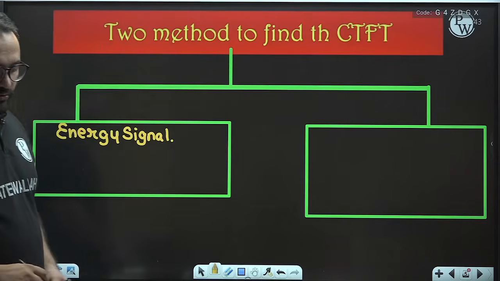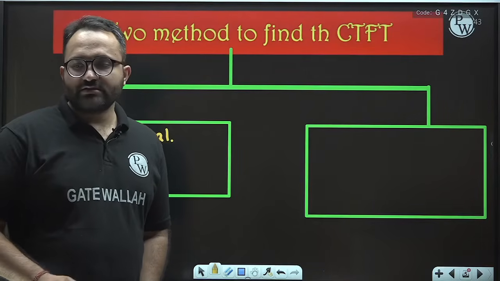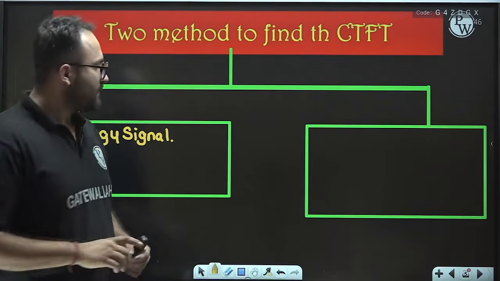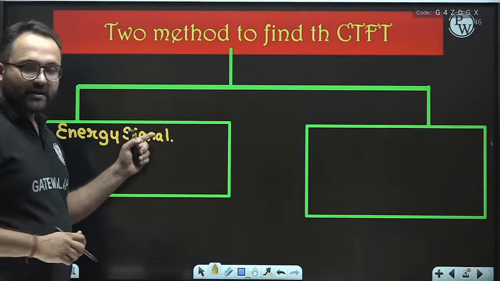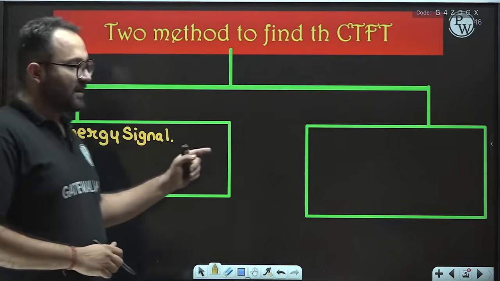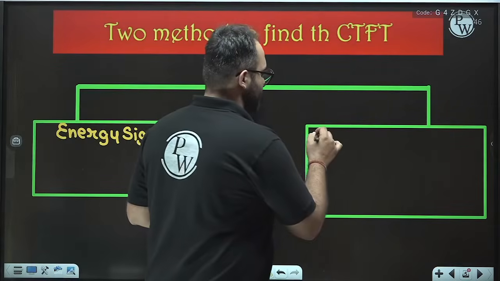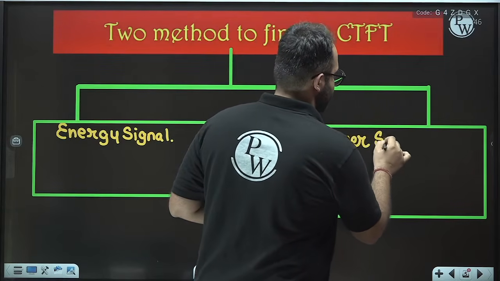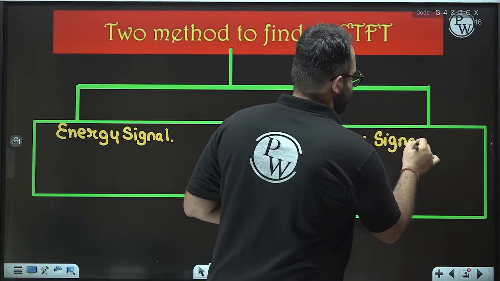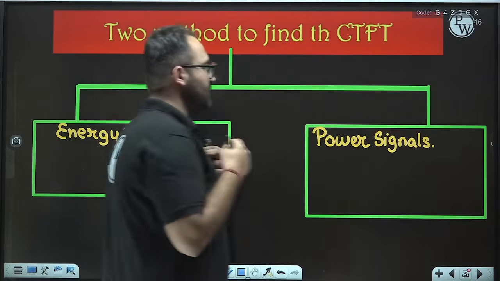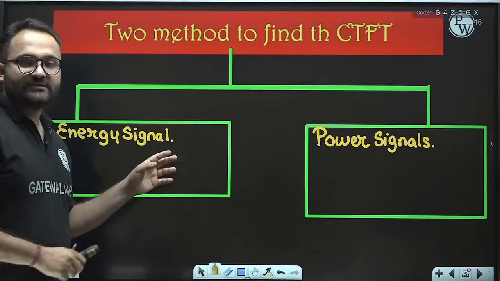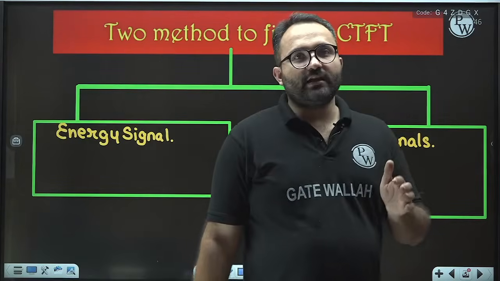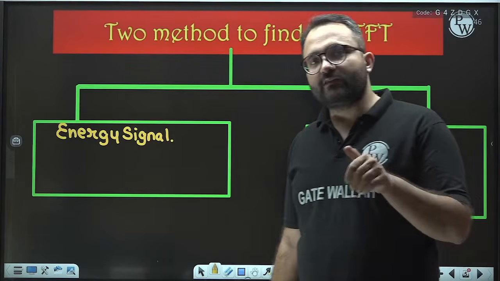So remember this, that the Fourier transform can be found only for energy signals and power signals. So we have two cases. One case is energy signals, another case is the power signals. For energy signals, we don't need to actually apply the formula, because we can directly apply the Laplace transform and replace s by j omega.